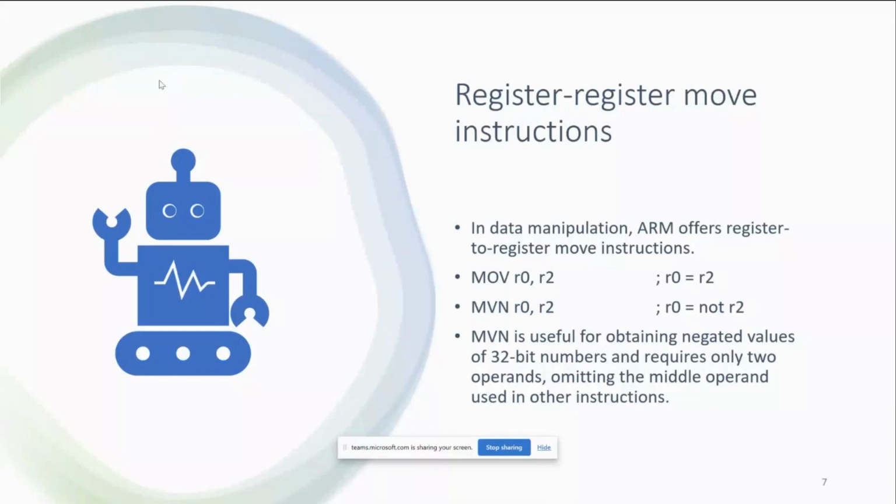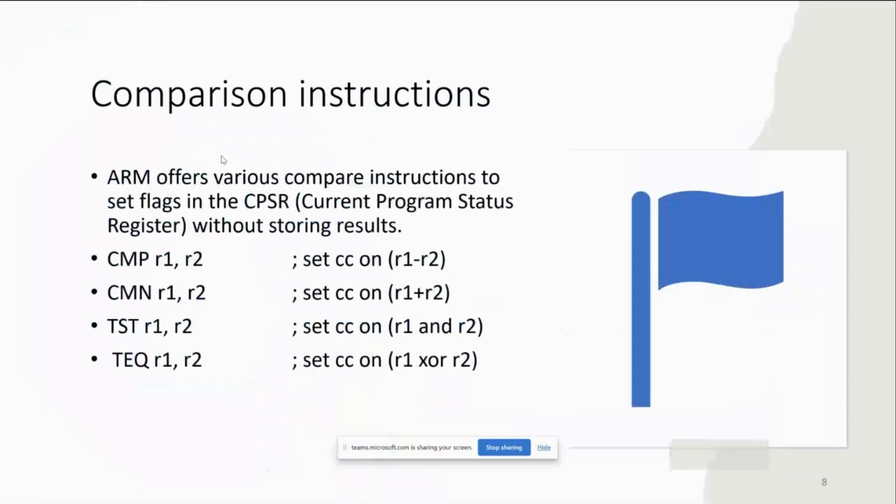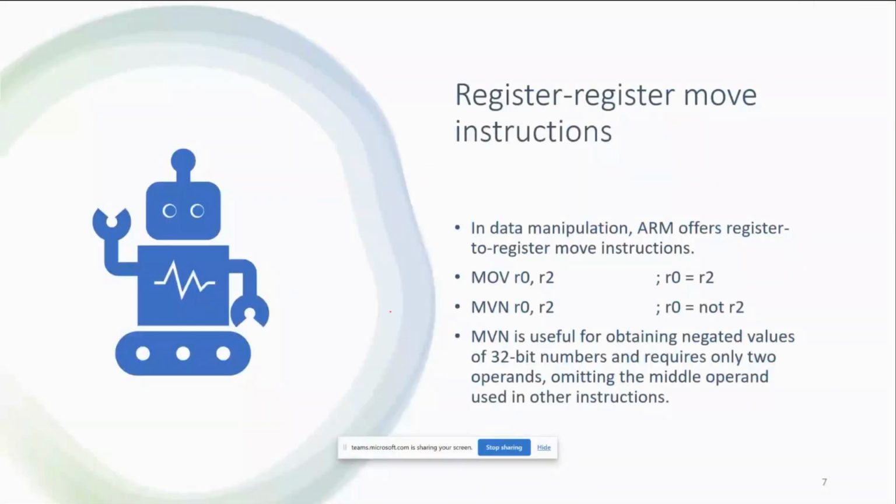We are just moving one register to another, or we can negate and then move. The move instruction, such as move R0, R2, means we are moving the value of R2 to R0. This move instruction is very common in many instruction sets.